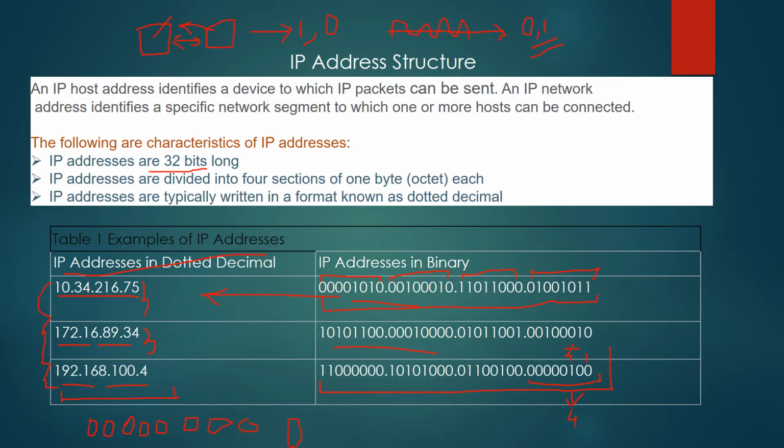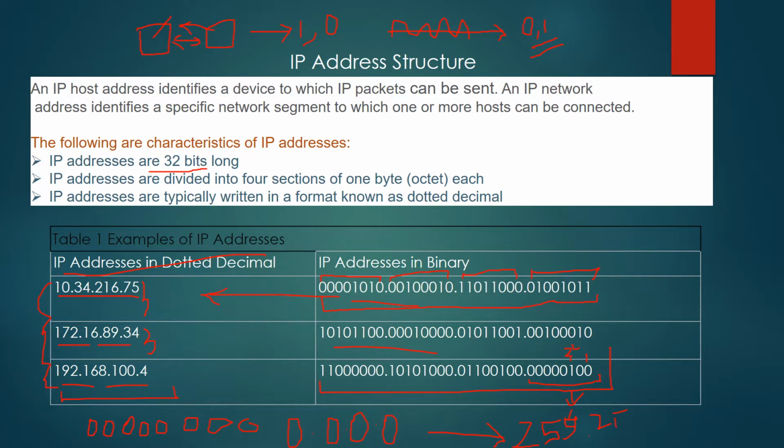So the lowest IP address which can be is 0.0.0.0. Similarly, the biggest IP address which IPv4 can have is 255.255.255.255.